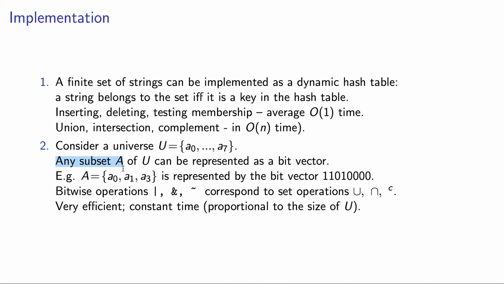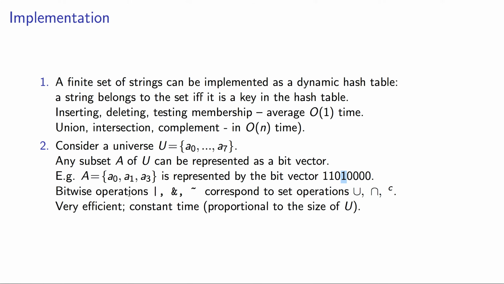Any subset A of such a universe can be represented as a bit vector. To give an example, if you are thinking about the set A consisting of A0, A1, and A3, we represent it as a vector with 1s at positions 0, 1, and 3, with the remaining positions filled by zeros.